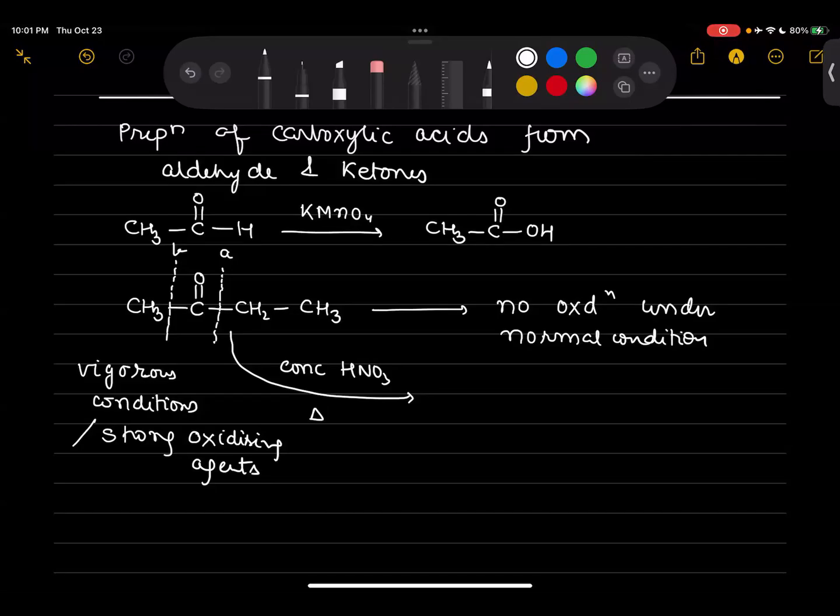I'm asking you, how is it going to get split? I have drawn two lines showing you two options in which the ketone should be cut into two halves or two carboxylic acids. Is it option A or option B?